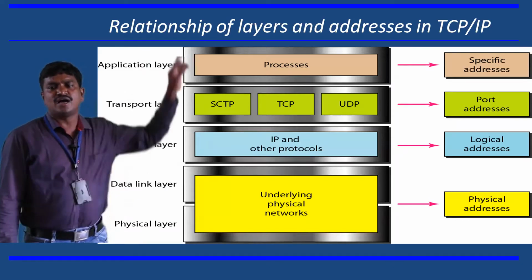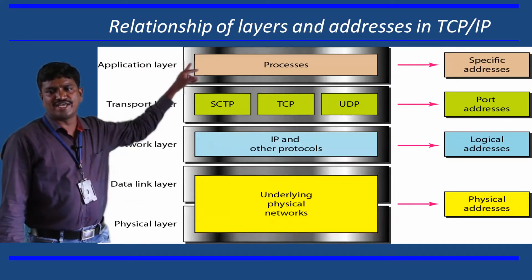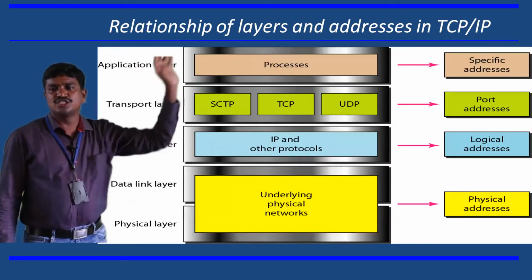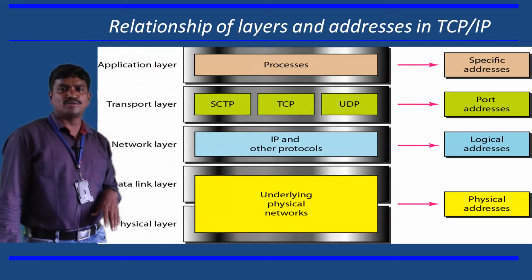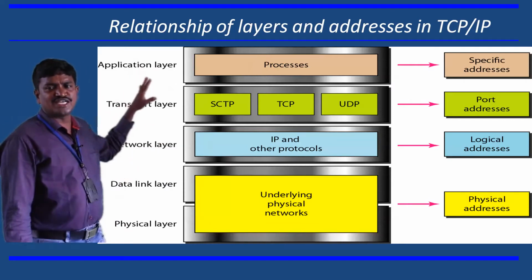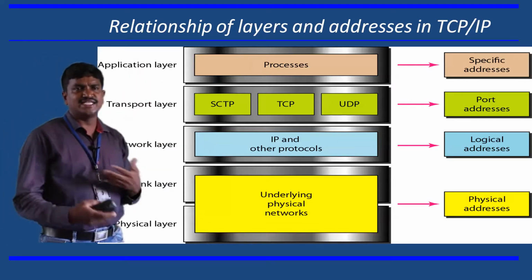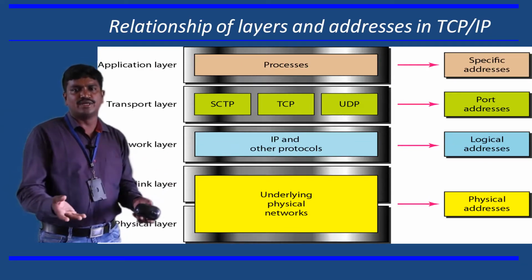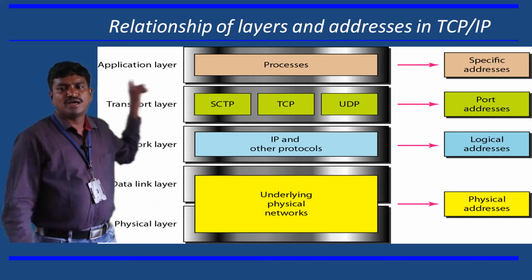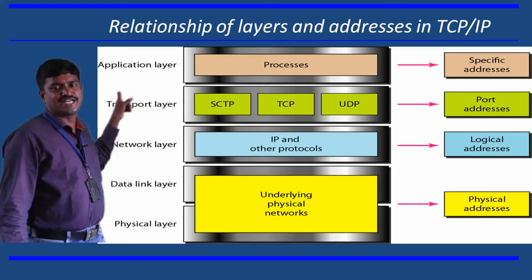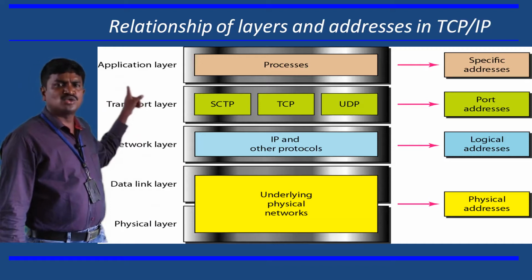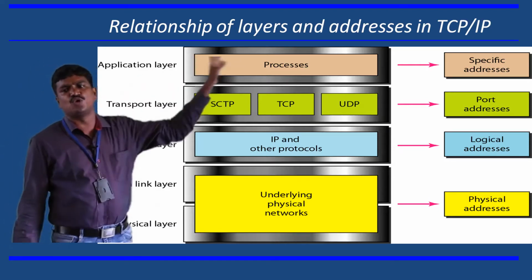That's the reason the addresses used at the application layer are specific addresses. And the transport layer, once the data is taken out and merged, takes care of to which application this data has to be delivered. Process to process delivery is used by the transport layer, so the transport layer makes use of port addresses.